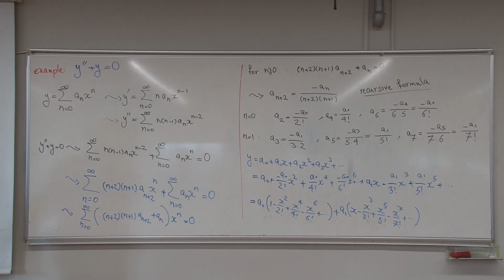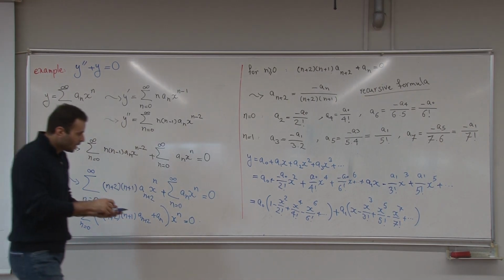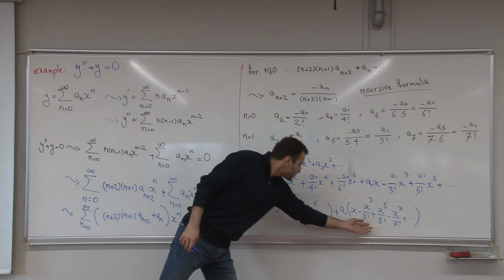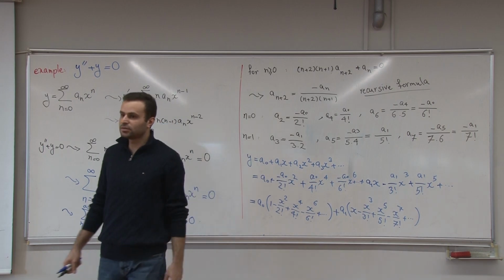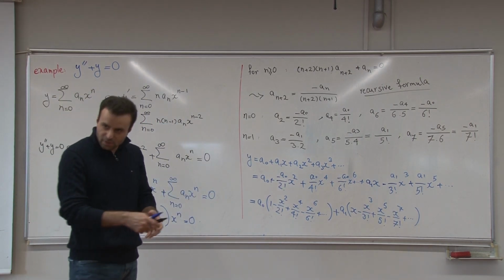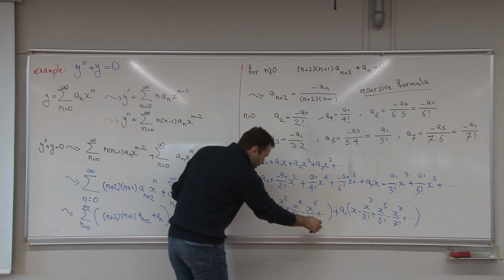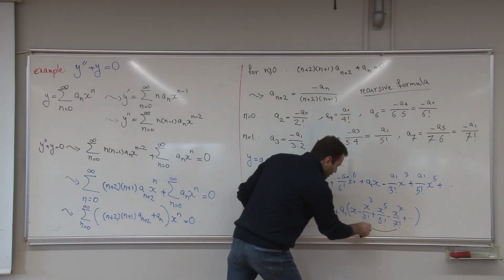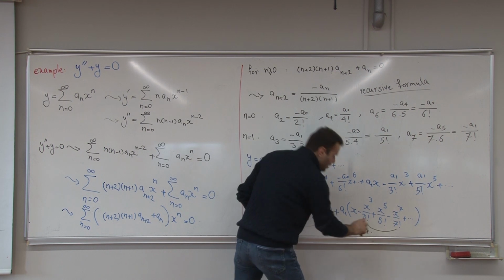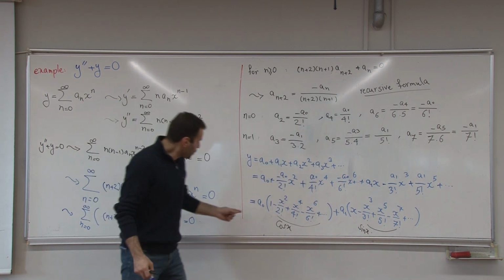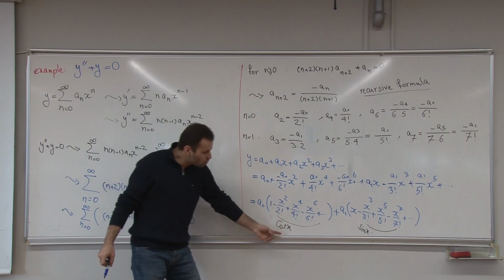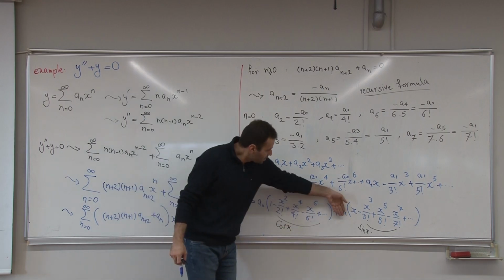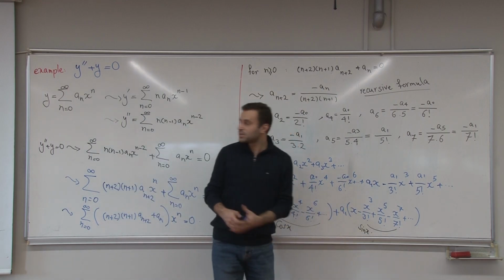Can I write this in this form? Are these two familiar to you from calculus? They are the Taylor expansions of this. This is cosine of x, and this is sine of x. So we have a constant times cosine of x plus another constant times sine of x.